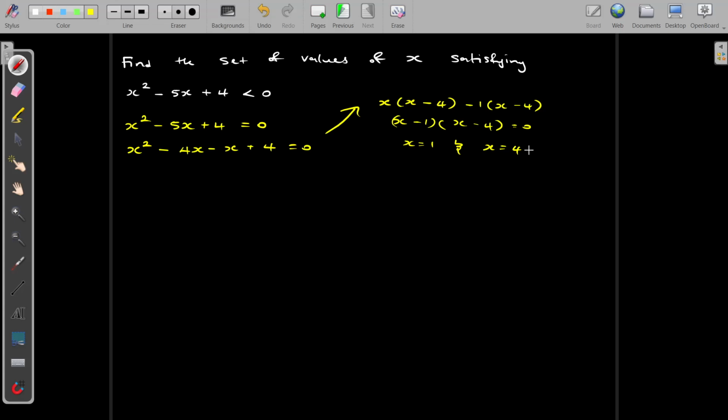And if we were to identify the critical values on the number line, we would be looking at a region where nothing is overlapping. So this is our number line, and we have 1 and 4.